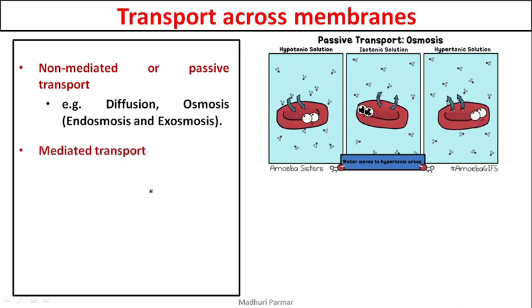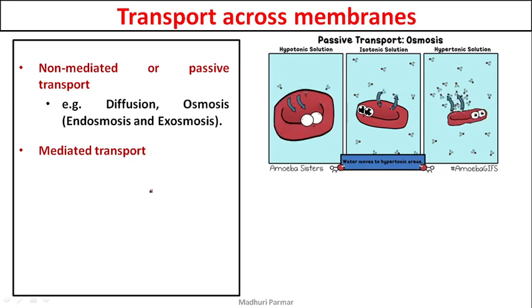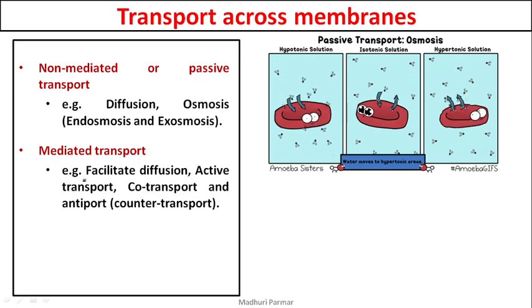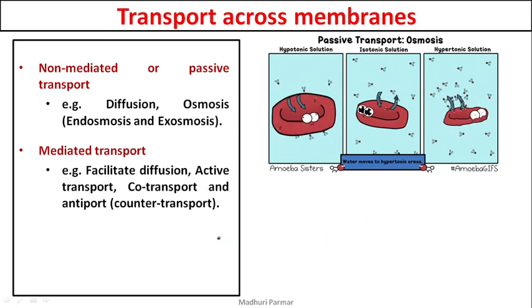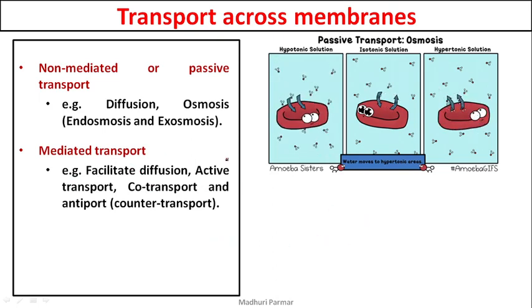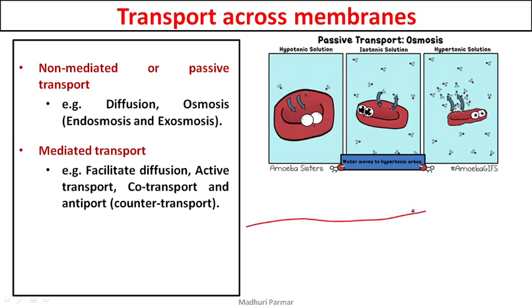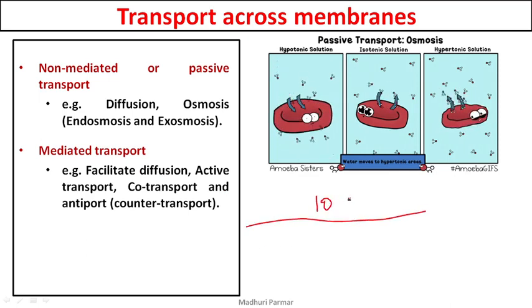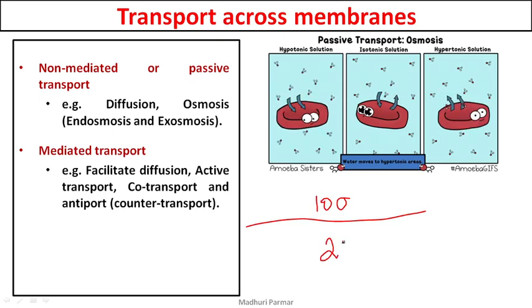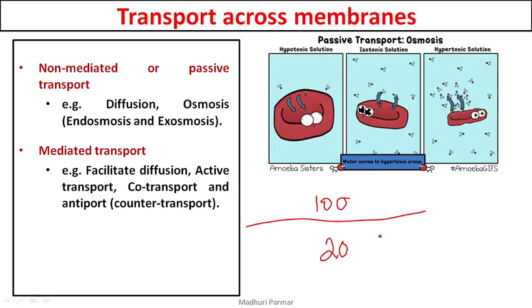Then you have mediated transport, which means you need some help, normally from a protein. Example is facilitated diffusion. Facilitated diffusion is just diffusion, but you require a protein for it to diffuse. Again, let us take the example of glucose. You have 100 molecules of glucose, you have 20 molecules of glucose inside.